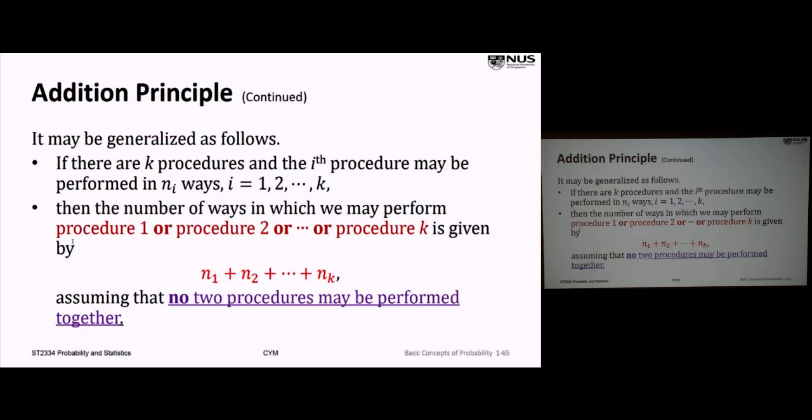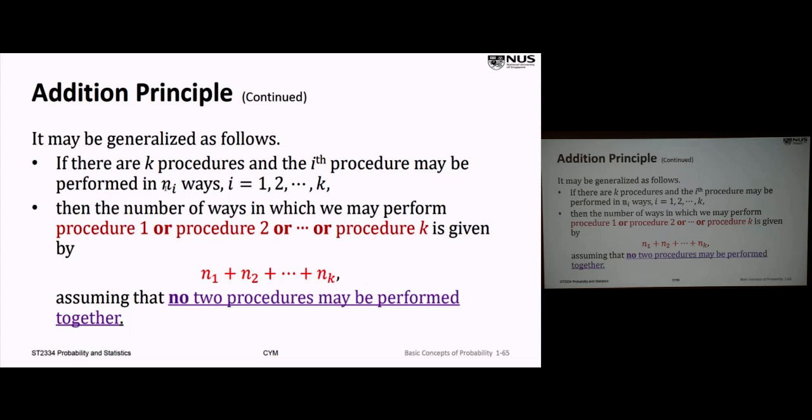I think we're going to see a lot of examples, so if it's not clear to you yet, you're going to see some nice examples in a moment. And this generalizes to the scenario where you have k procedures. You have k possible experiments, but they can't occur at the same time, and each experiment has n subscript i. So ni is a number from 0 up to any finite integer, the number of possible things that can happen in the ith experiment.